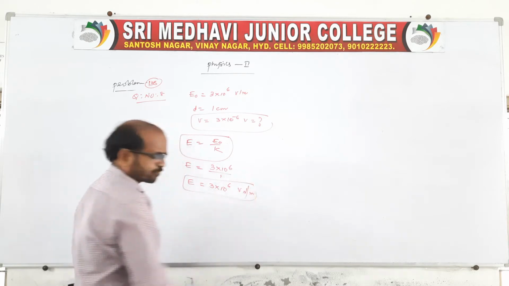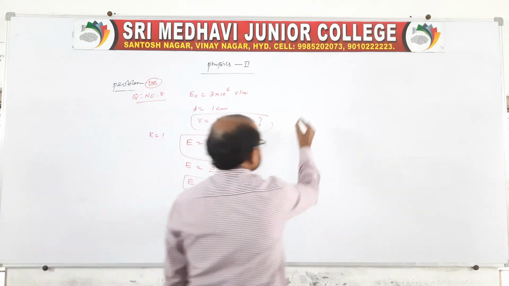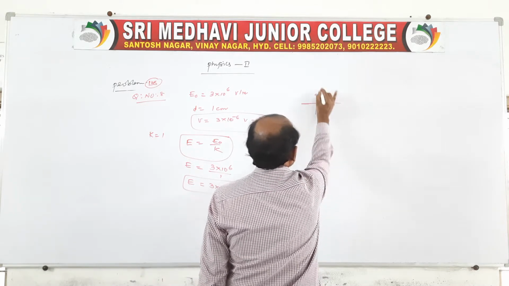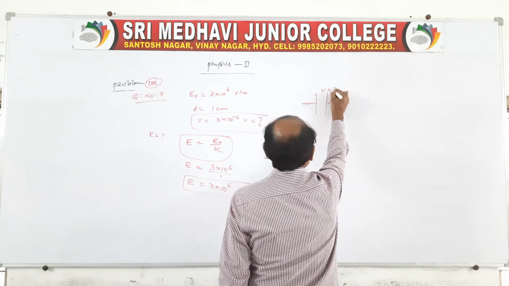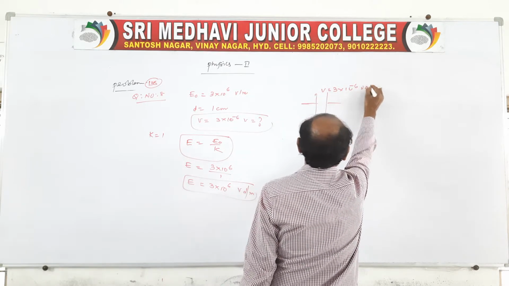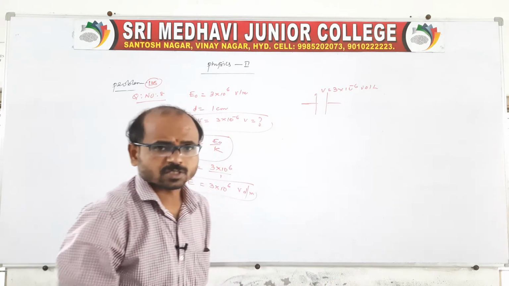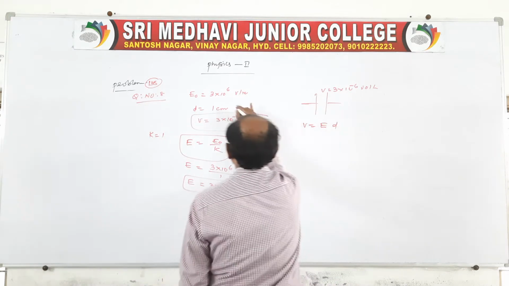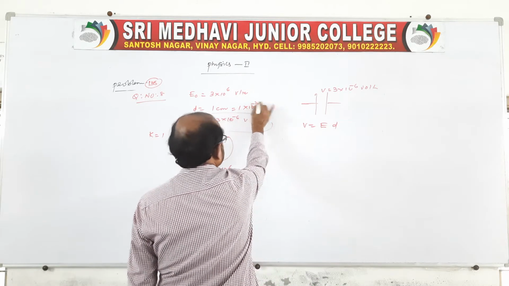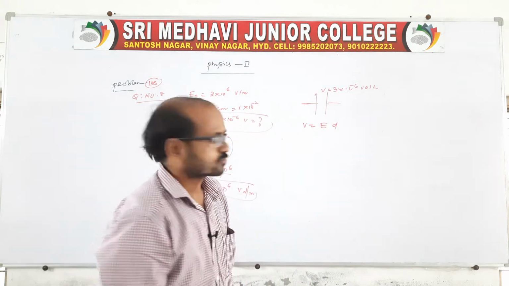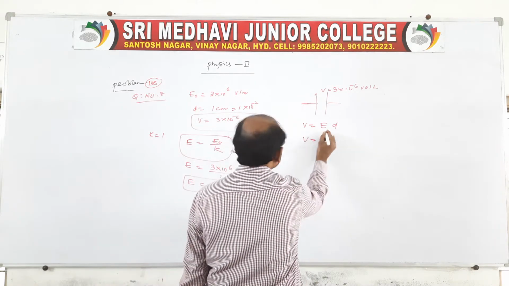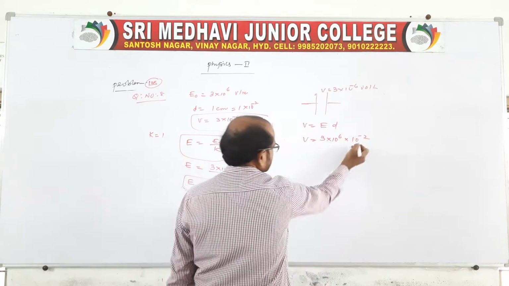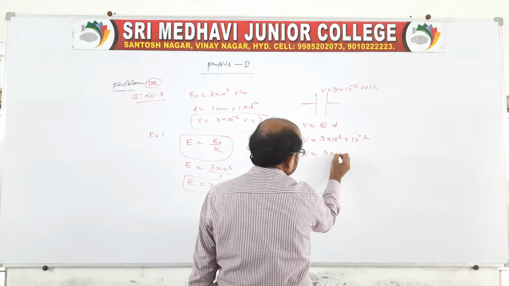Now the capacitor plates are like this, and it asks whether it is possible to charge it to 3 into 10 power 6 volt. We know the relation V is equal to E into d. The distance is given as 1 into 10 power minus 2 meters. Therefore V is equal to 3 into 10 power 6 into 10 power minus 2, which gives 3 into 10 power 4 volt.